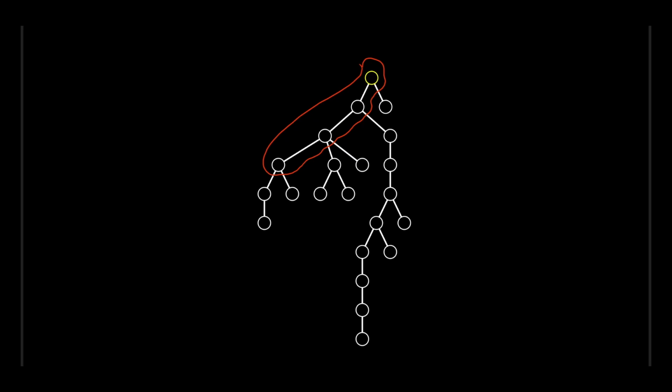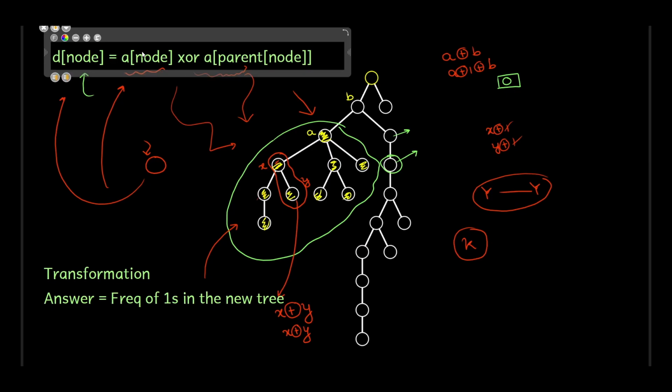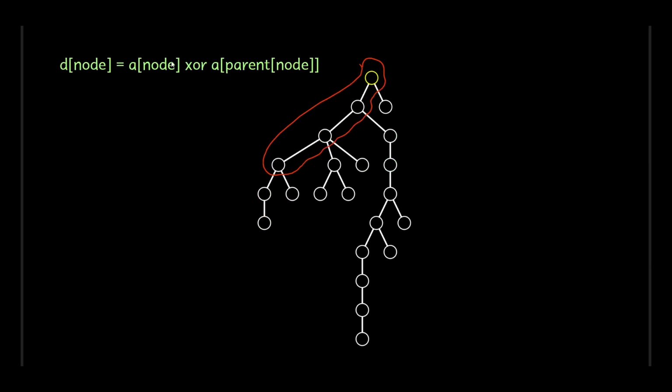Now of course here if you try to apply the same definition that we did earlier, this will not work anymore, and you can do some case analysis to see why it will not work. Because if you define this as node XOR parent, then a lot of entries might change.